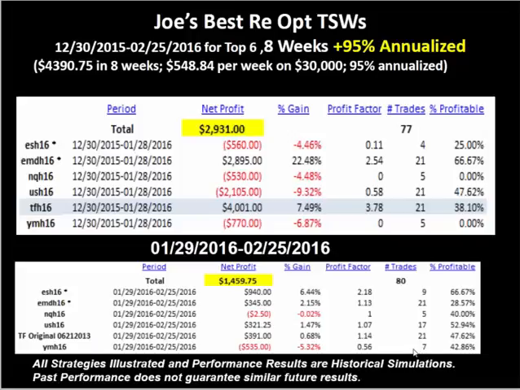That's $548 a week on $30,000. That's 95% annualized. Last year my real time was 17% annualized on my little NASDAQ Razor with Ribbons, which is one of the weakest ones in Joe's Best. But I trade that in the IRA for a reason. It has not very many trades, it has low margin, and it traditionally, when it optimizes, has very close stops.